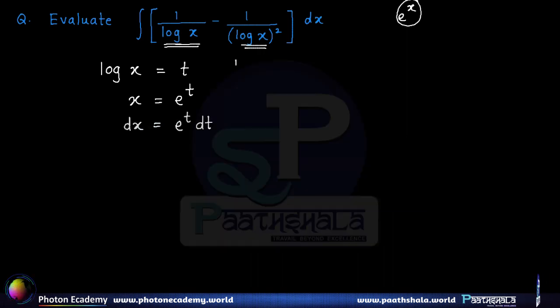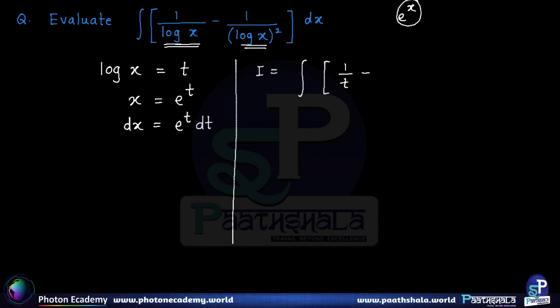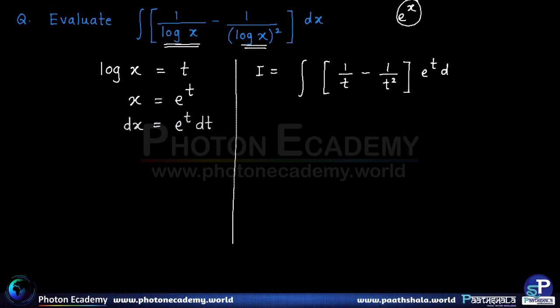So putting that in the integral, 1 upon log x is 1 upon t, minus 1 upon log x the whole squared is minus 1 upon t square, and dx is nothing but e raised to t dt. And now immediately once again the required form appears.